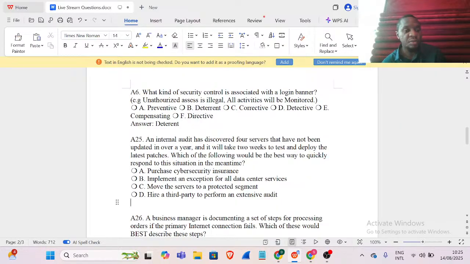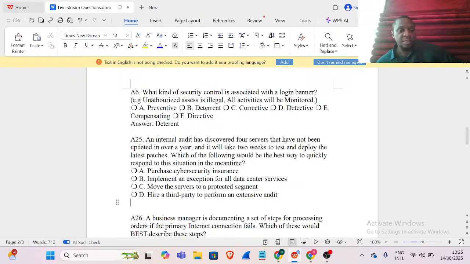Not an exception. An exception is mostly used for industrial computing systems. I think purchasing insurance will not be needed, because the vulnerability will still be there.